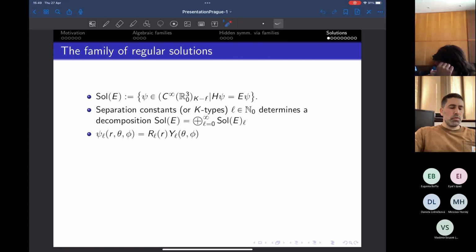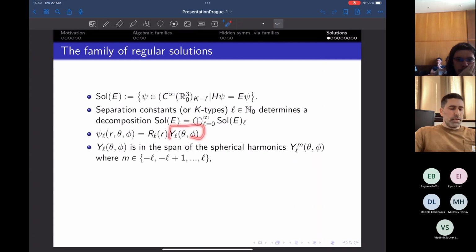So you get two things. You can write each solution as a linear combination of functions of the radius times functions of the angles. And more than that, you can decompose your solution space according to the separation constant, or equivalently, according to irreducible representations of SO3. You have this L, this separation constant, which is a non-negative integer.